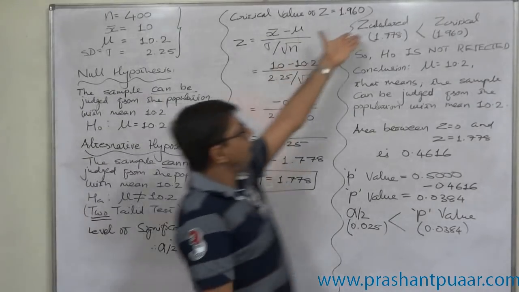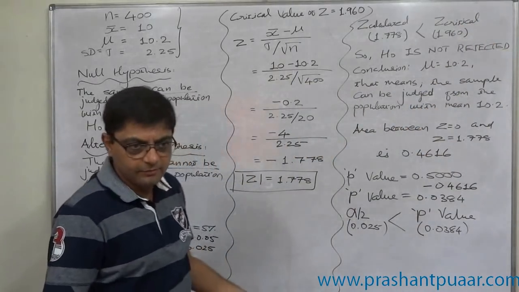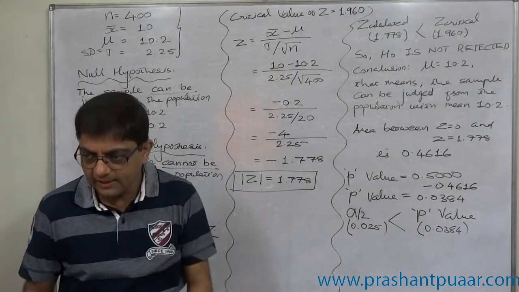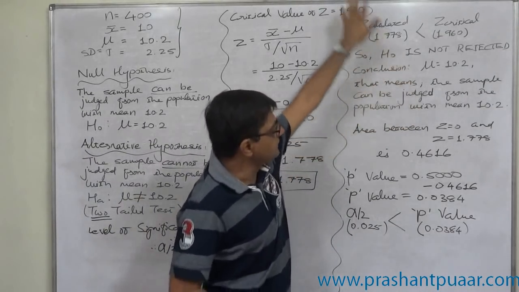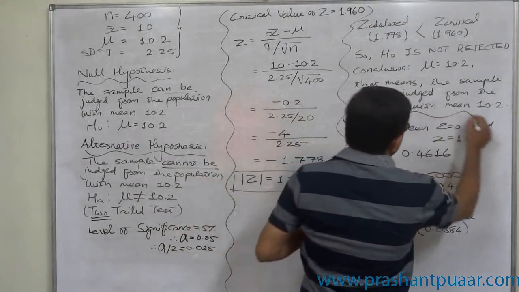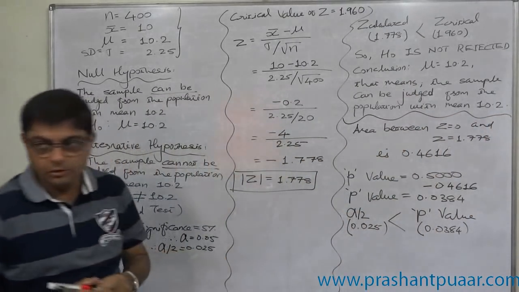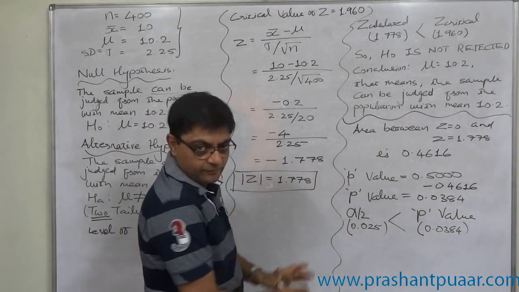Directly comparison of calculated value and critical value. Yes, we can directly compare these two, we can directly arrive at the conclusion. That's why I personally prefer, or say bias about this technique. But this was the part of our study. How to calculate p-value, what is p-value. I tried to explain all these in brief. Got it?